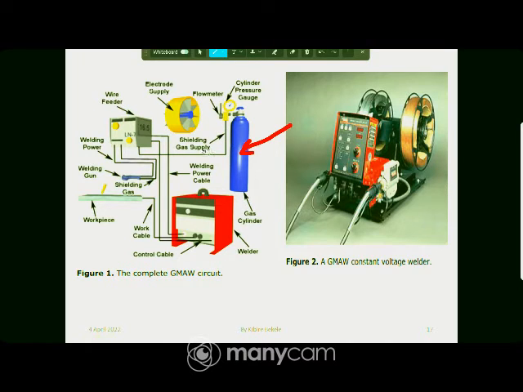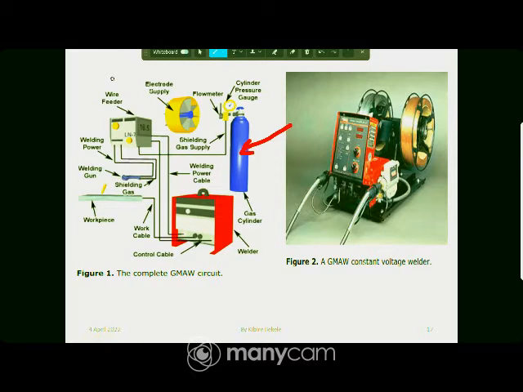And there is the gas hose, we call it the gas supply, through which the gas is supplied to the welding area. There is also the electrode liner or electrode cable, and the shielding gas cable. So this is the complete equipment.